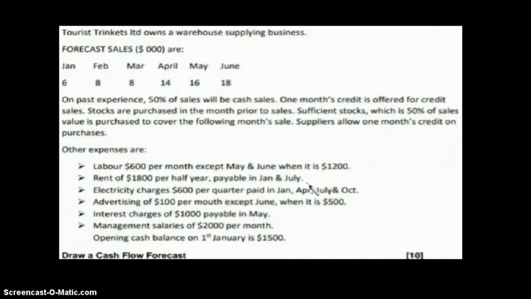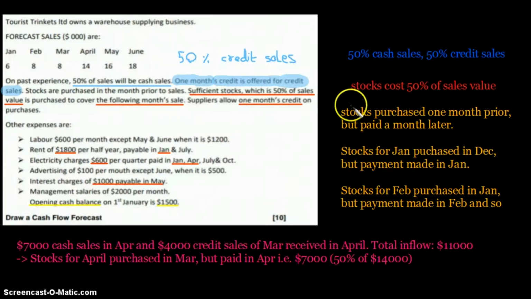So here I've written down all the info. 50% of our sales are cash sales, 50% are credit sales. This information is provided from here. Then stock costs are 50% of sales value. They've told us the sufficient stock is 50% of sales value.